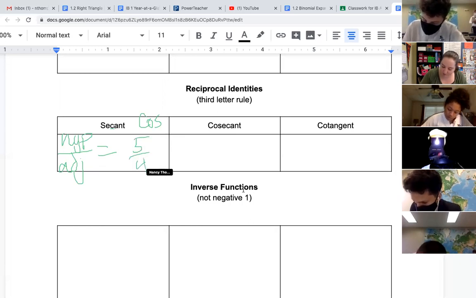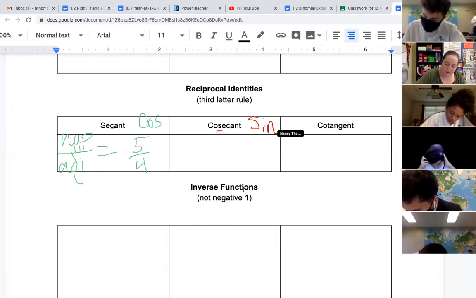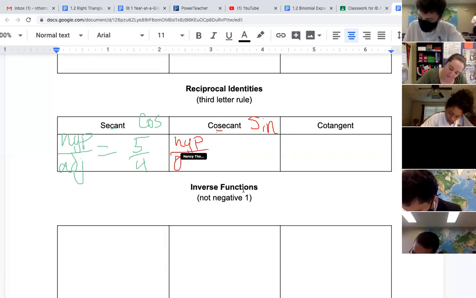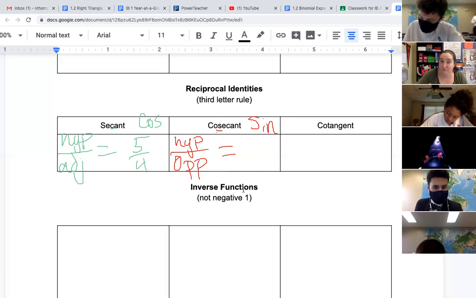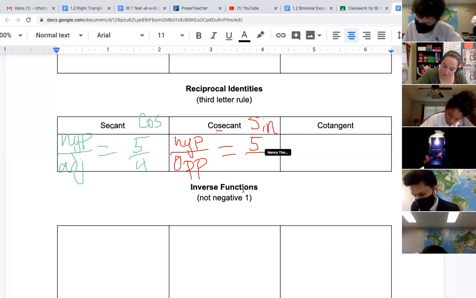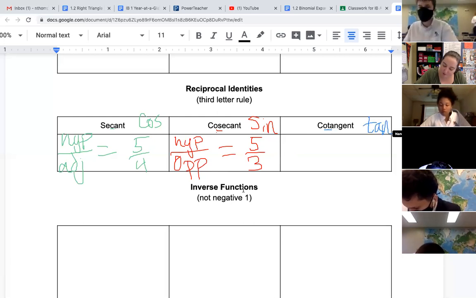Wonderful. Okay, and then the next one, the third letter is S, which means that it is the reciprocal of sine. So it would be hypotenuse over opposite, which would give us, Victor, 5/3. Perfect. And then lastly, we have cotangent. The third letter is T, which means it's the reciprocal of tangent.